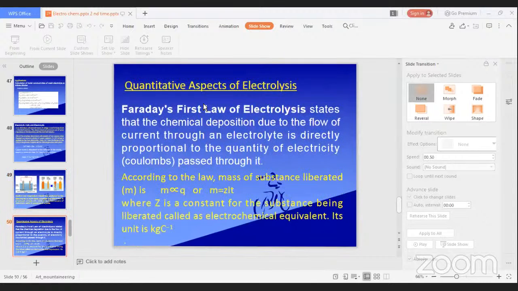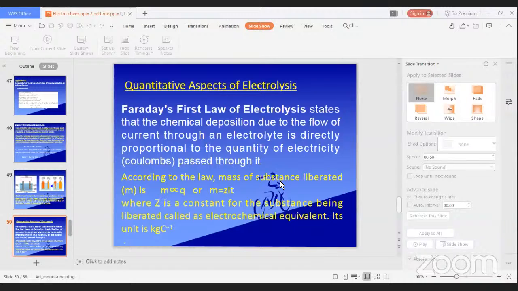Next, what are the quantitative aspects of electrolysis? Faraday, one of the scientists, proposed two laws. The first is Faraday's first law. What does it tell us? According to Faraday's first law, the mass of the substance is directly proportional to the quantity of electricity passed through an electrolytic solution.